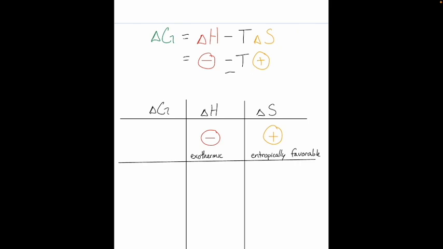What's a positive times a negative? That's going to be a negative value. And if I take two negative values and add them up, I'm always going to get a negative sum here, right? So this would be a reaction that would be spontaneous, okay, under all temperatures.